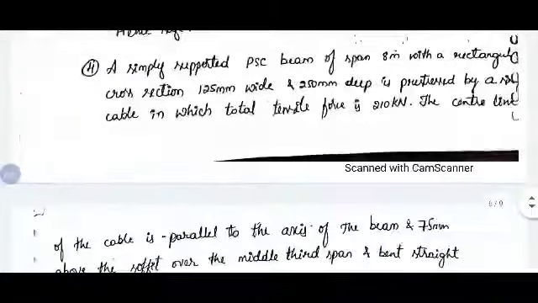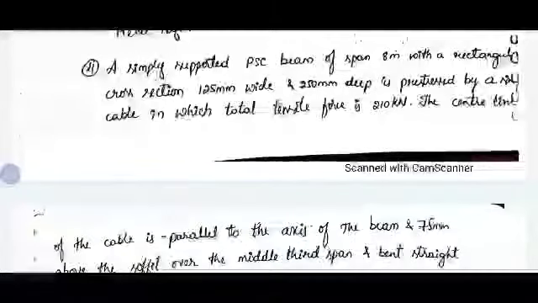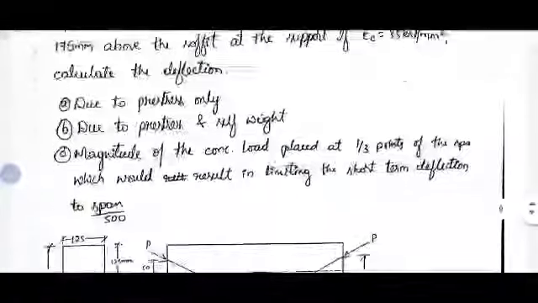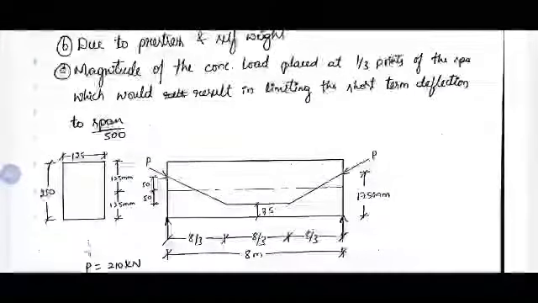Okay, so if you take the centroid of the section, for a rectangular section the centroid will be at a height of 125 mm. So it is 75 mm from the soffit of the beam at midspan and 175 at the support.